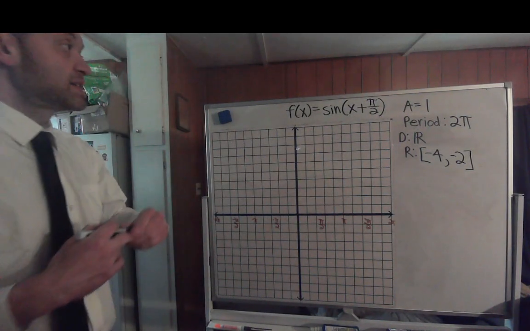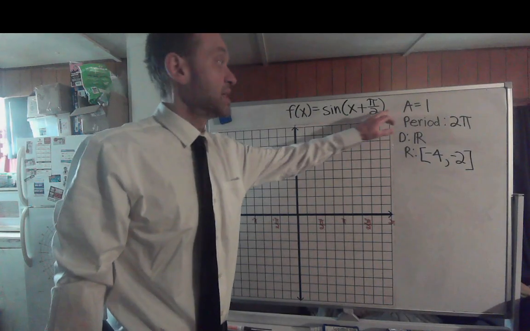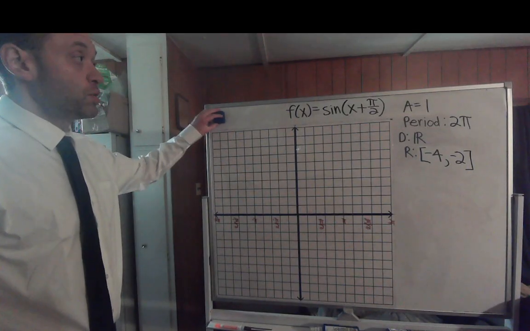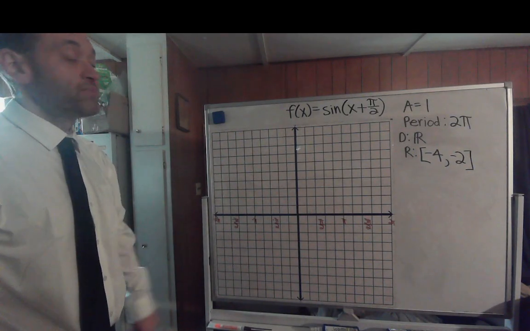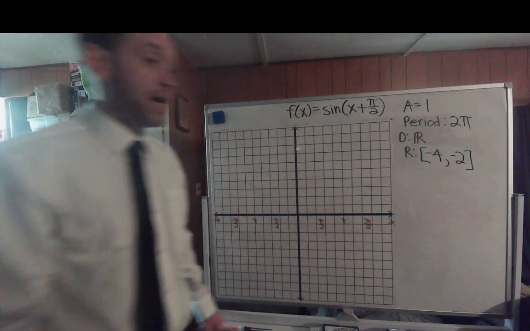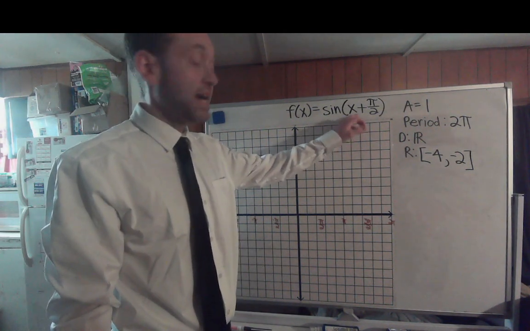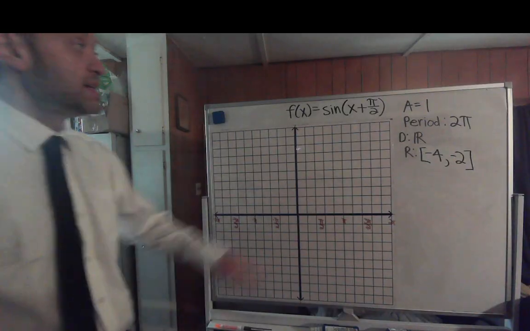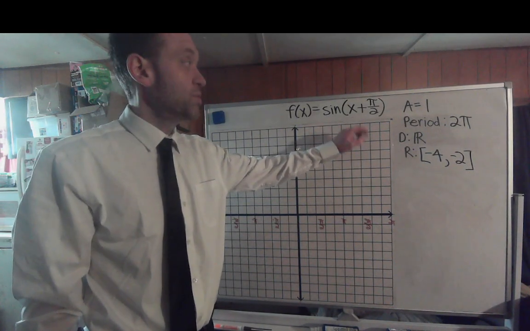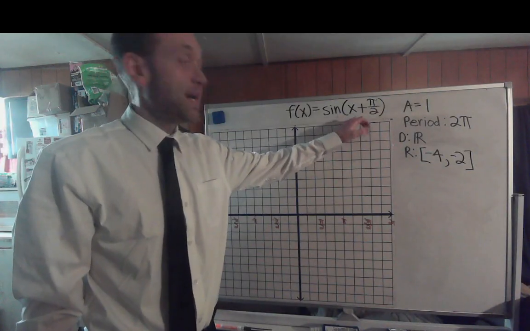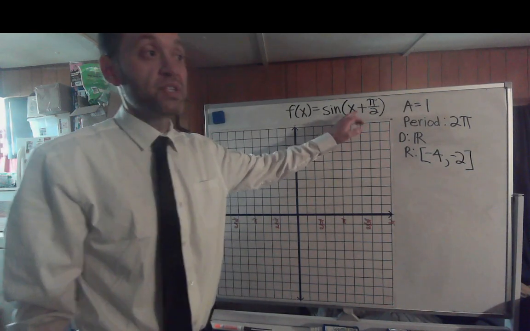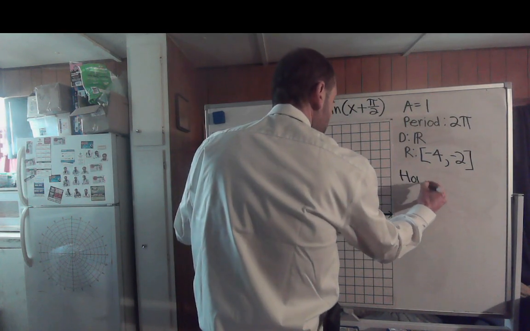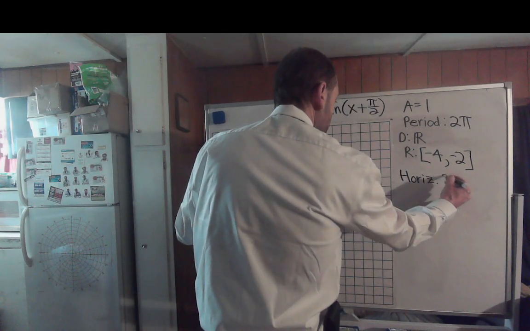Much like in other functions, if you have inside the parentheses x plus or minus something, you're going to have a horizontal shift. Set x plus pi over 2 equal to 0, you get x equals -pi over 2. So you have a horizontal shift left pi over 2 units.